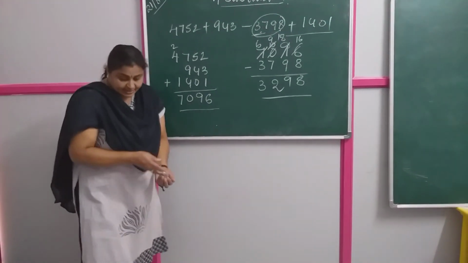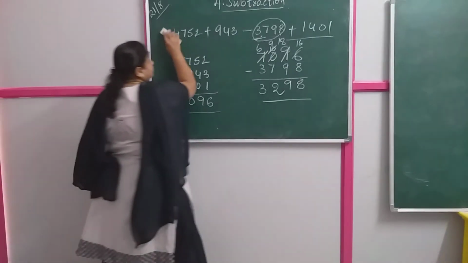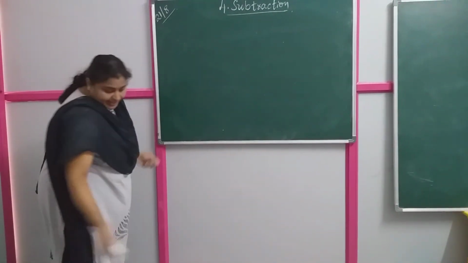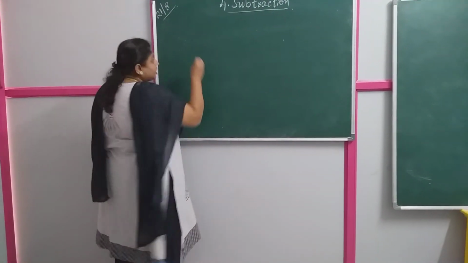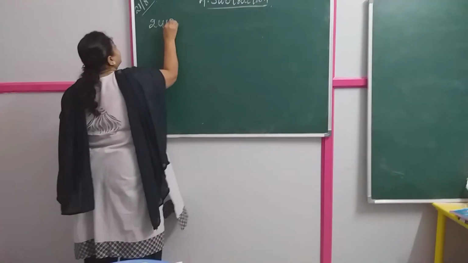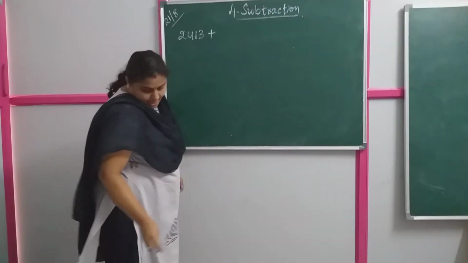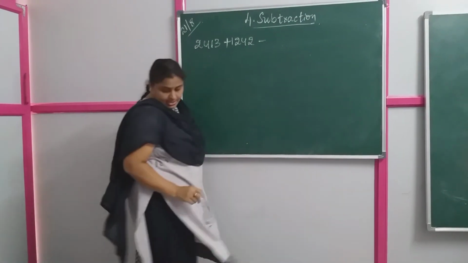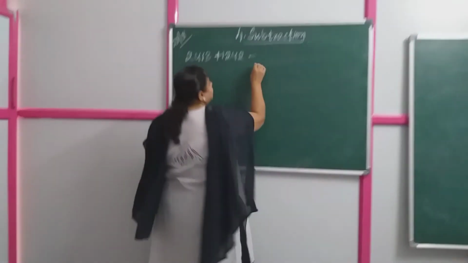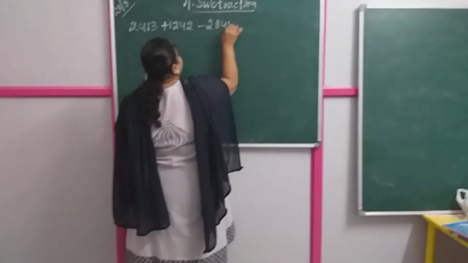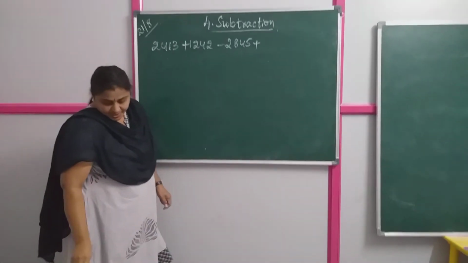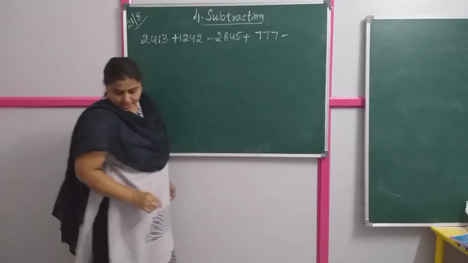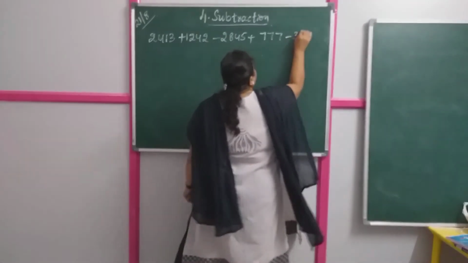Let us take the other example, children. Let us solve the other problem from your textbook itself. I have 2413 plus 1242 minus 2845 plus 777 minus 350.